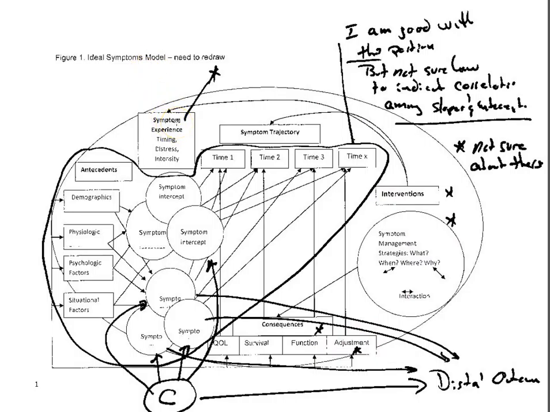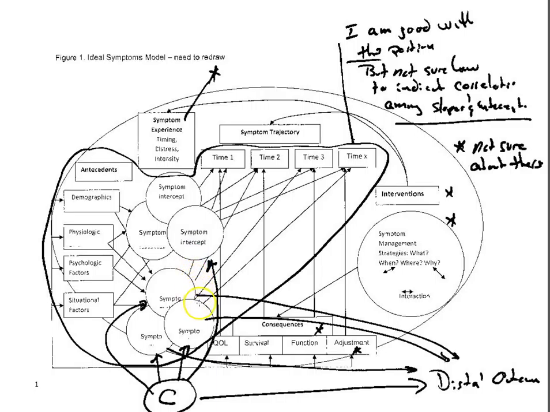I've marked with asterisks the things I don't quite understand. Here are a couple things that I think could be added and may be the same as what you're having here as symptom trajectory. In one of the objectives, I talk about the objectives of longitudinal research, the interrelationships between correlates of inter-individual change.